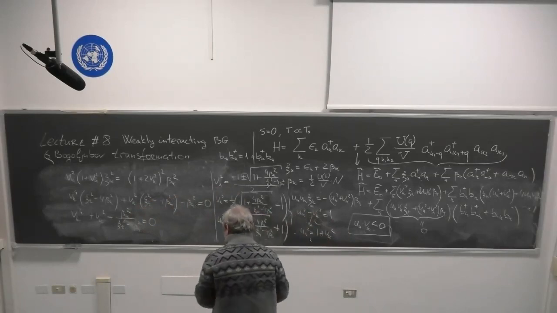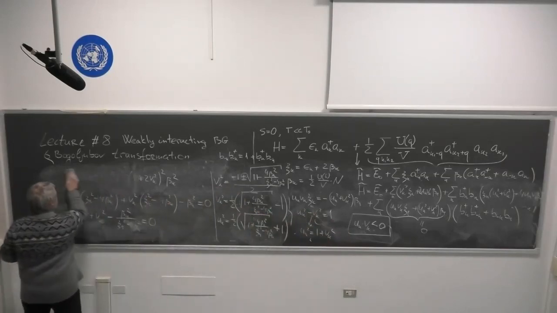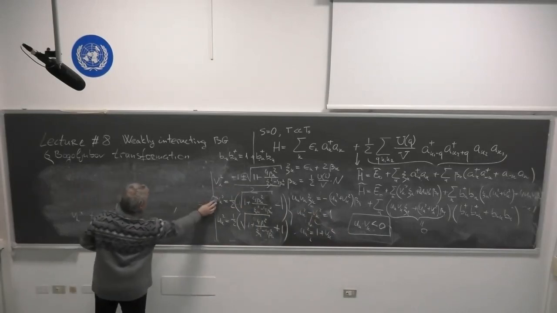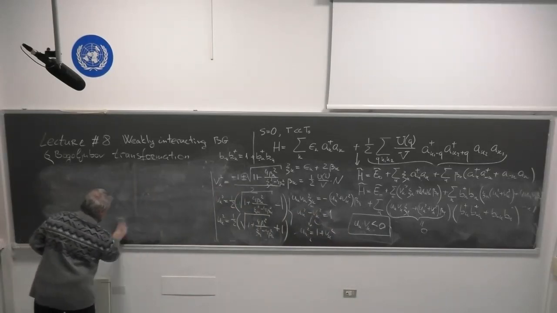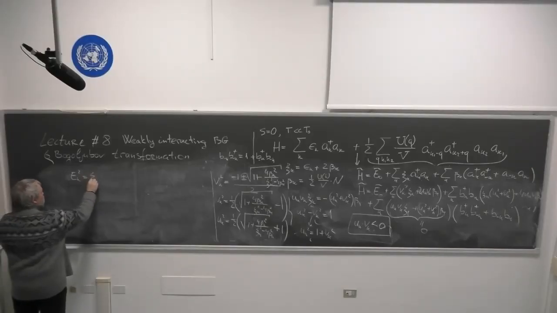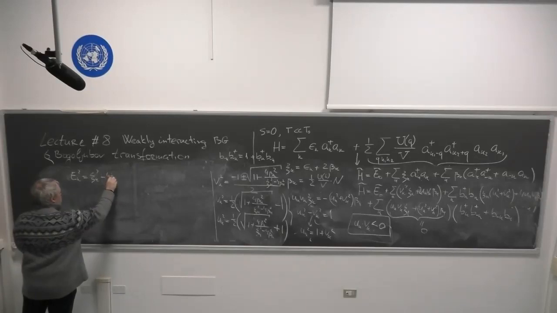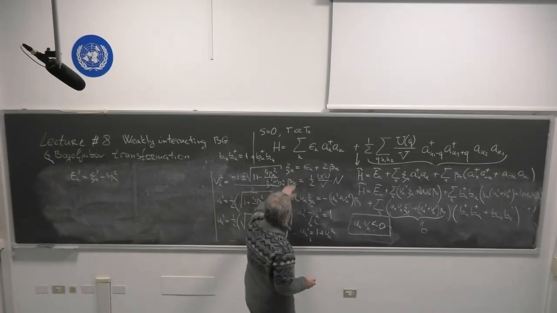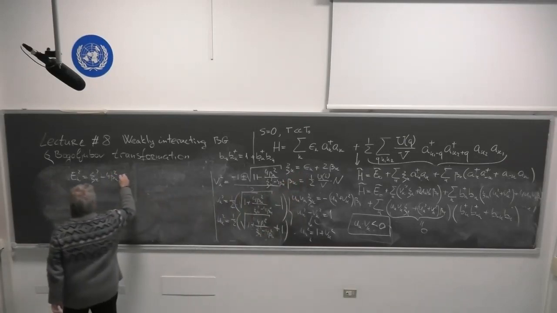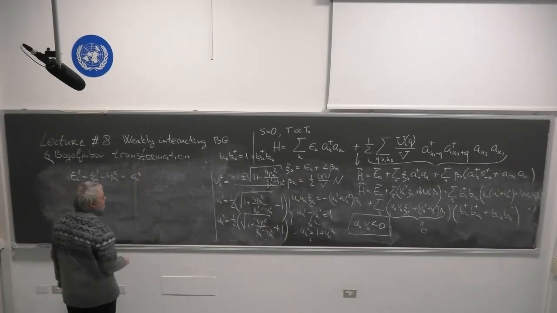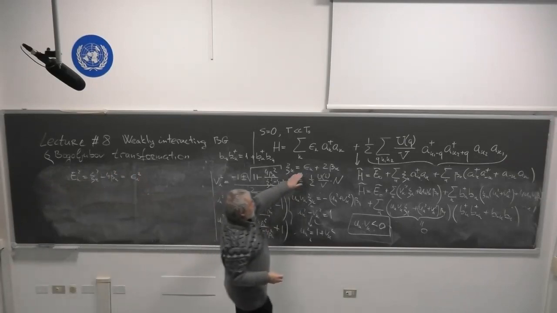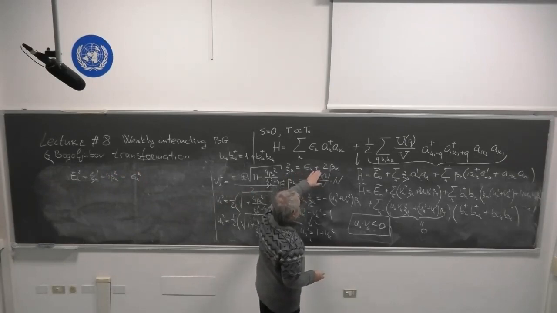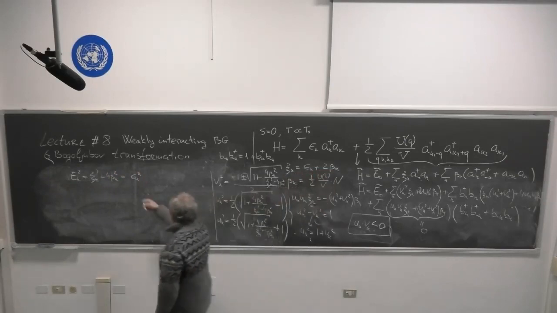Now, let's look at what we have obtained. First of all, let's denote ek squared as psi k squared minus 4 beta k squared. If we look at the definition of psi k and beta k, this is epsilon k squared plus 4 times epsilon k beta k plus 4 beta k squared minus 4 beta k squared.